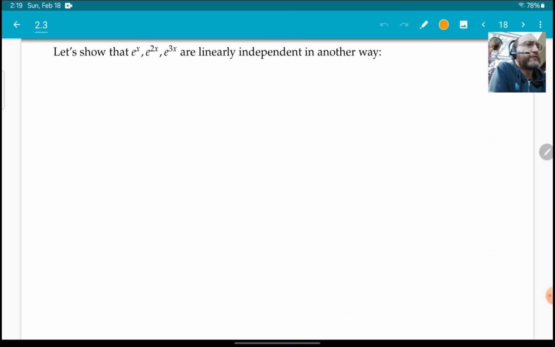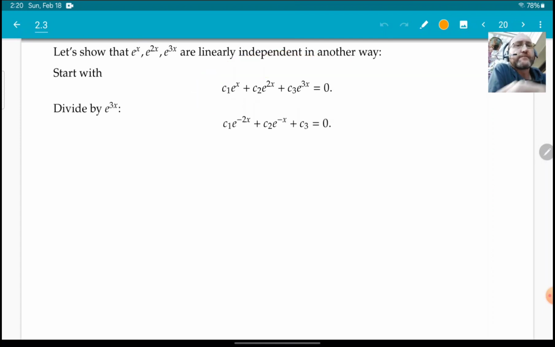Let's see another way of showing this, because there's always a whole bunch of different ad hoc ways that you can do this for any specific functions. So let's start again with this equation, and let's divide by e to the 3x.